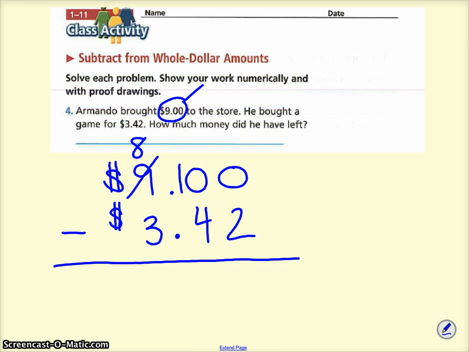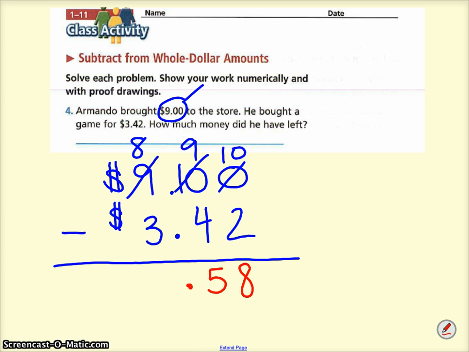But I also have 0 in the ones, so I need to do some borrowing from the tens. So I'm going to borrow 1 dime, that leaves me with 9 dimes or 90 cents. And I exchange that for 10 pennies. I'm able to start my subtracting. 10 minus 2 is going to leave us with 8 pennies. 9 dimes minus 4 will leave us with 5 dimes, for 50 cents.